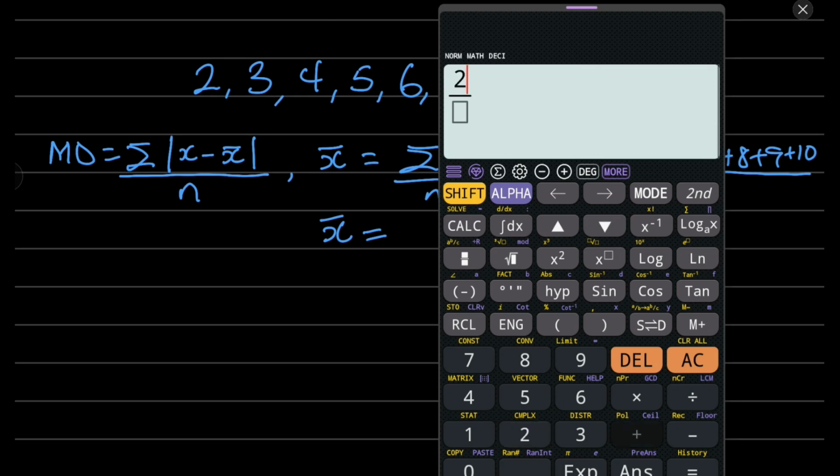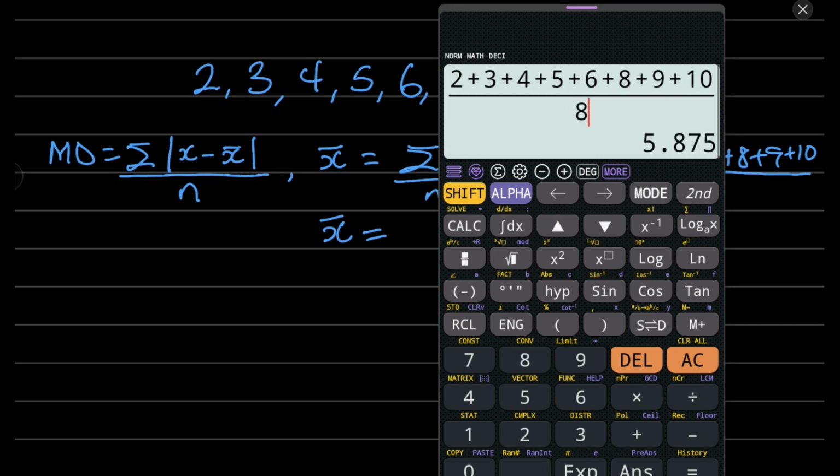You can just say 2 plus 3 plus 4 plus 5 plus 6 plus 8 plus 9 plus 10, all divided by 8.